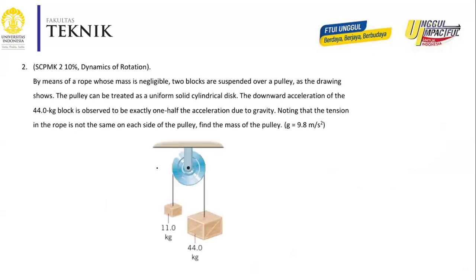And then problem number two, this is the topic of dynamics of rotation. By means of a rope whose mass is negligible, two blocks are suspended over a pulley as the drawing shows. The pulley can be treated as a uniform solid cylindrical disc. So remember, this is the solid cylindrical disc, which means the moment of inertia for the cylinder is one half mr squared.